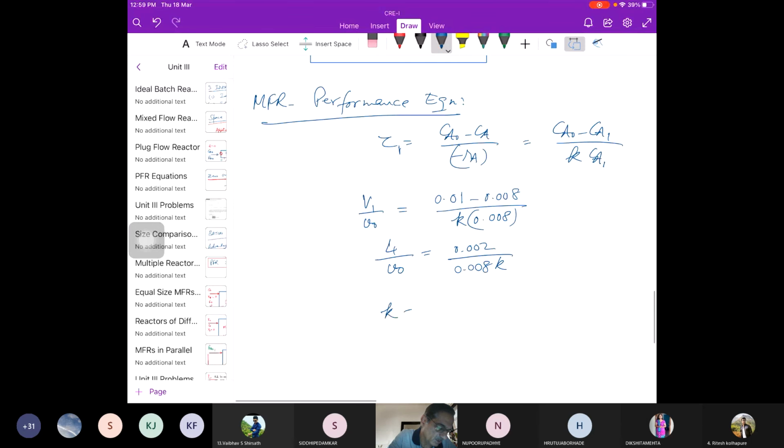So K is equal to 1 upon 4, V naught upon 4, बराबर.